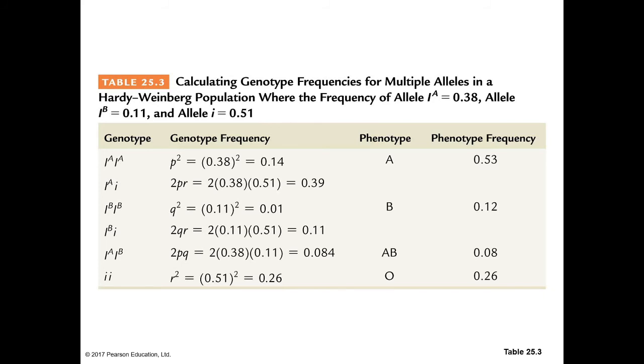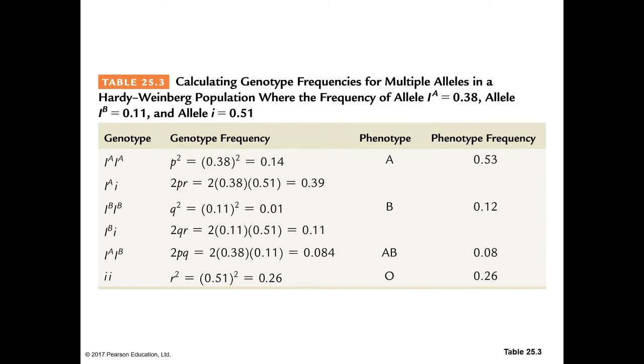You get 0.14. What about 2PR? Before that, you have to find R first. R is the O blood, or small i. Small i is 0.51. If I find R, you have to square root it, you will get 0.26.